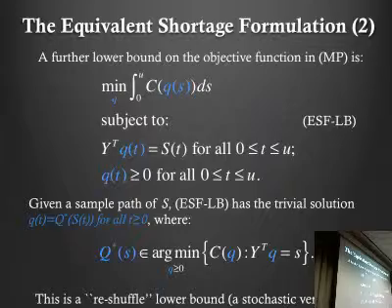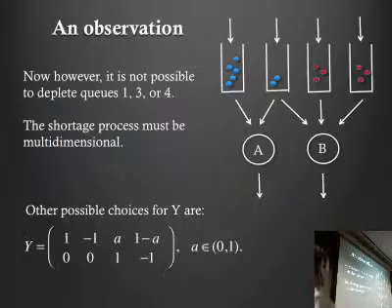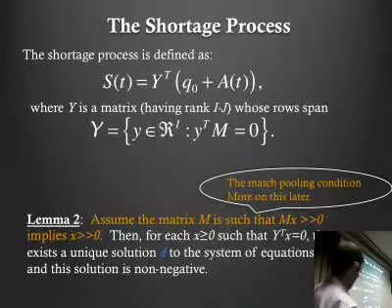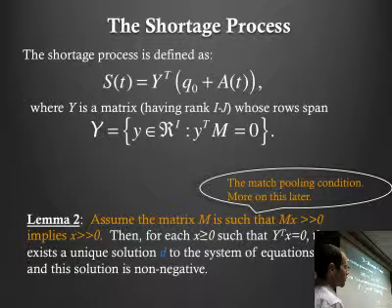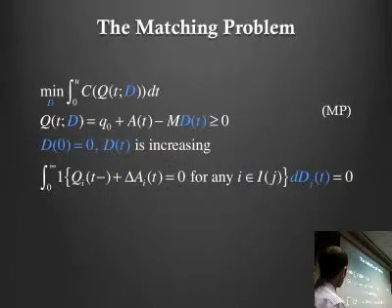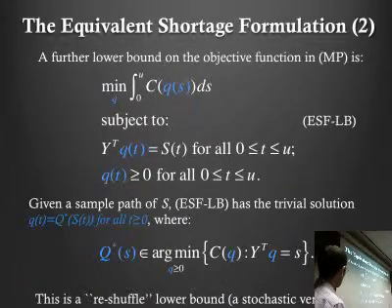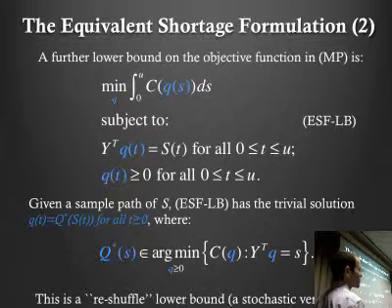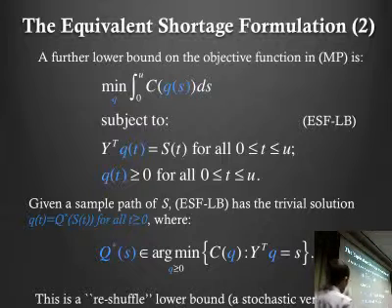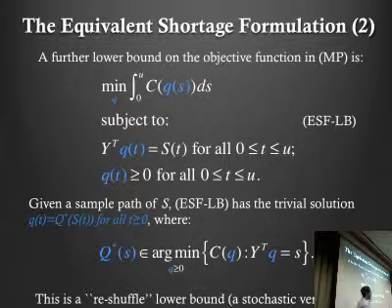Where did you get the shortage process again? The S of t? Yes, it's actually important for me. The S of t is defined like this. So there's a y there as well. Y is here. So there's a constraint that y transpose qt is S of t, where the S of t also has y in it? The same y, or is it different? Yes, it's the same Y. But this doesn't mean that Q is going to be equal to A, right?